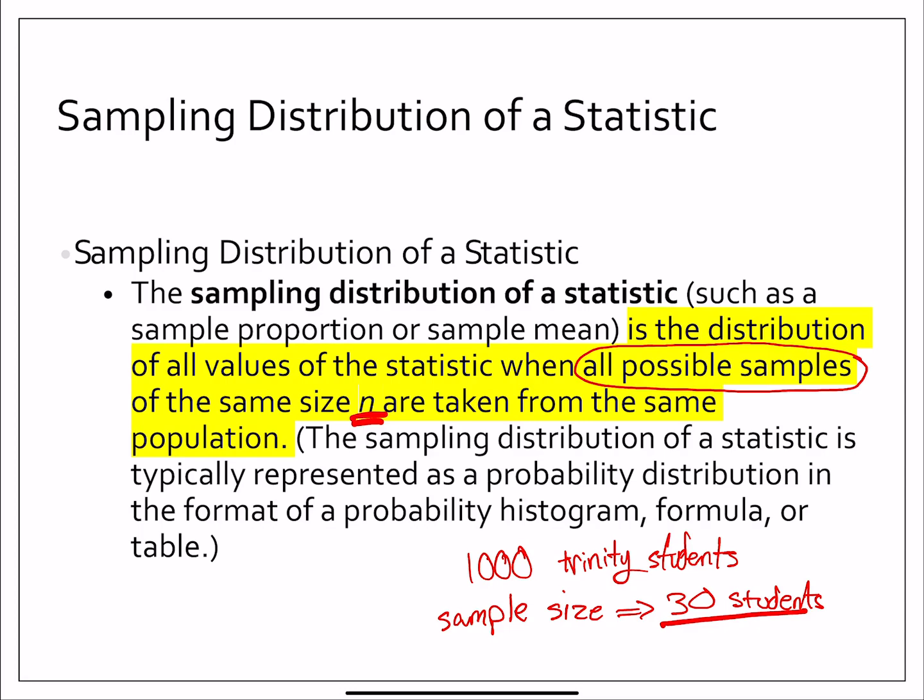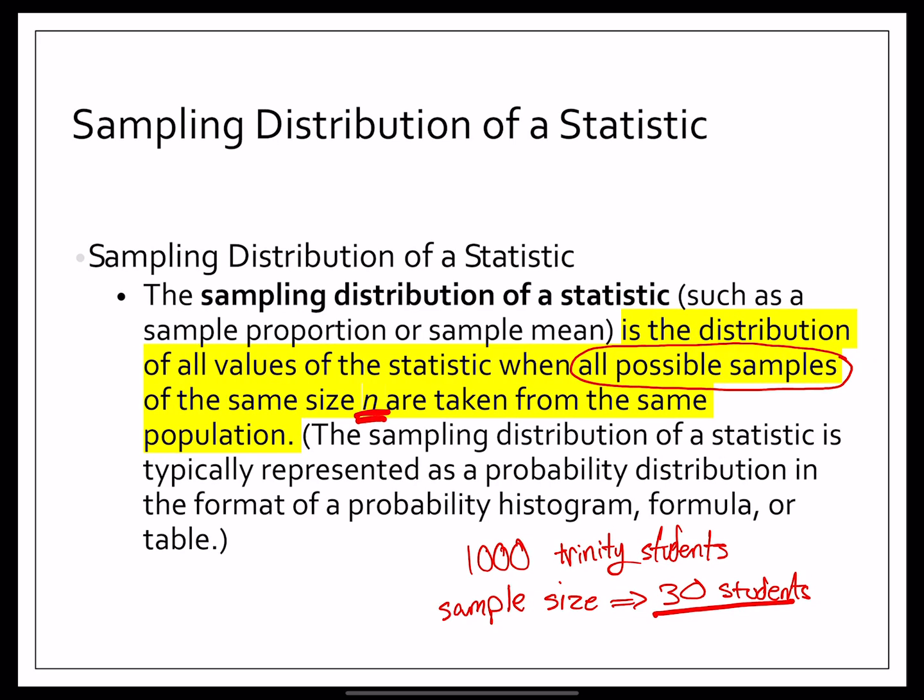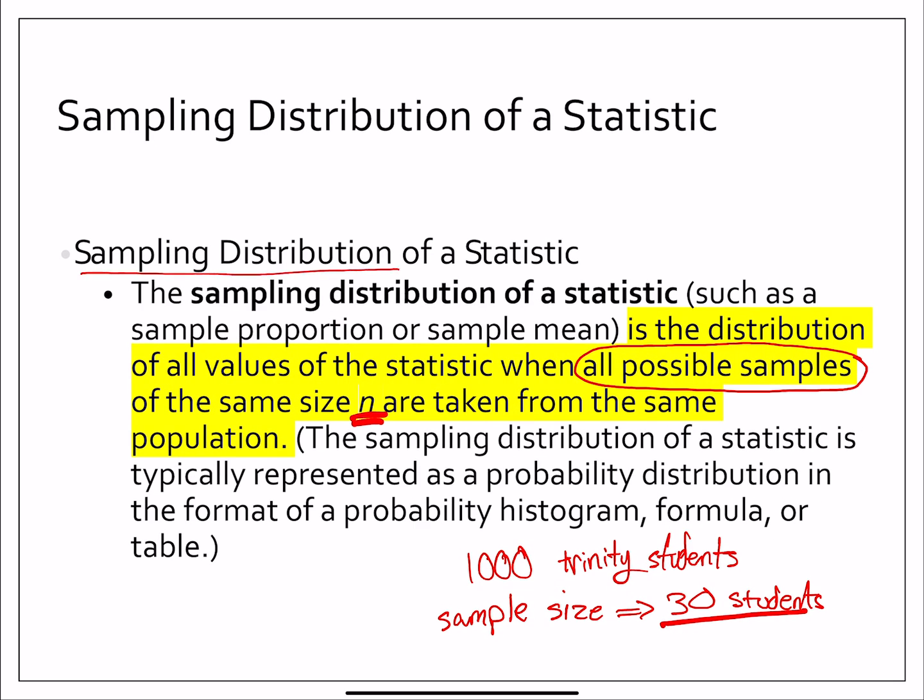So it'd be a really, really big number of possible samples that we could take out of 1,000 Trinity students, right? But when we do that, that's what we create. We create what's called a sampling distribution, and that, again, is a particular thing. A sampling distribution is when we take all of the possible samples, right? All of the possible samples.